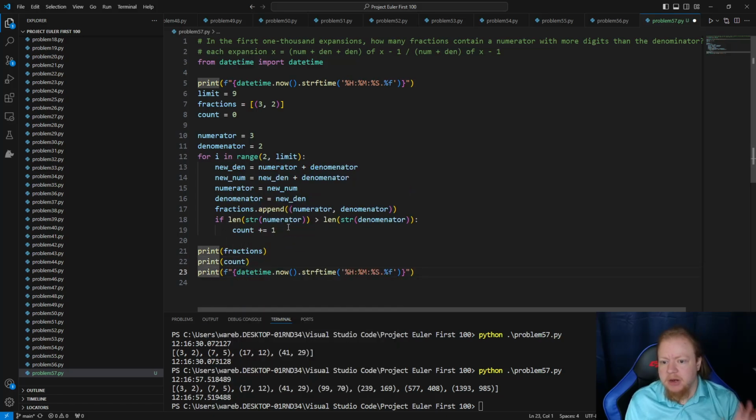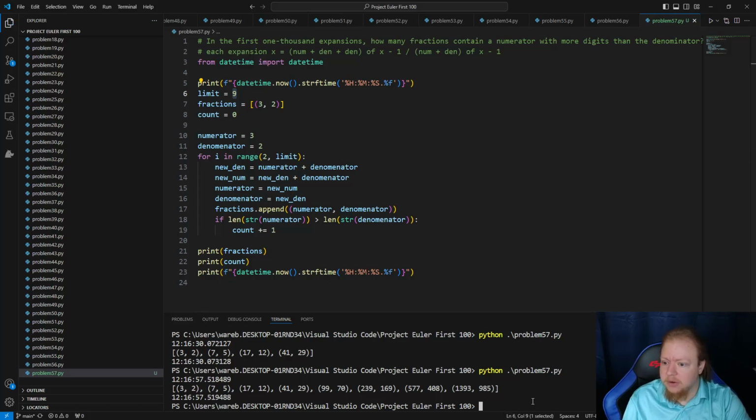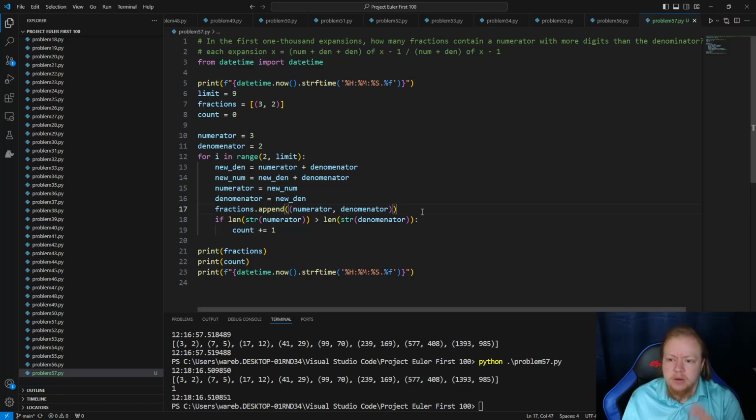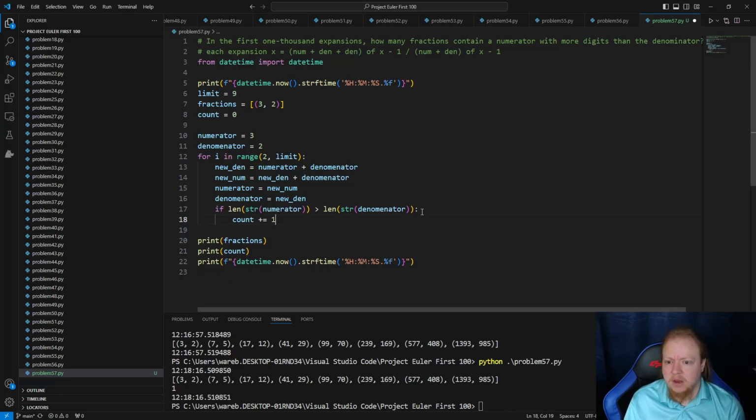And then we just print out that count. So with the limit of 9, obviously we should only see 1 as our count. And we do. So now we no longer need to be saving or printing the fractions, which means we no longer need that.